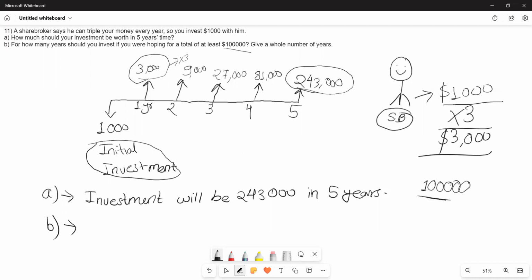To get this amount, this many dollars, for how many years should we invest, it is asking now, for up to how many years? But at the end of the 5 years, how much you are making? You are making 243, 1, 2, 3. 1. So which one is greater? This one is greater, right? Than this, isn't it?